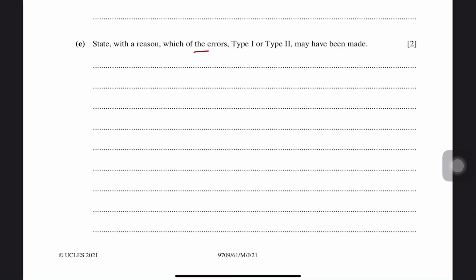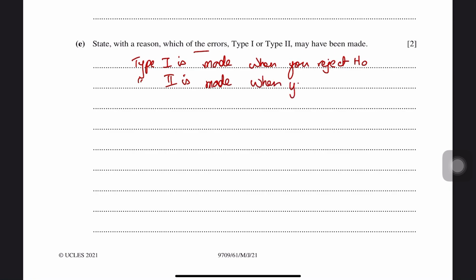State with the reason which of the type 1 errors may have been made. Okay. A type 1 error is made when you reject H naught. Type 2 is made when you do not reject H naught.